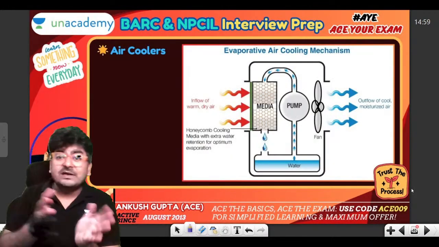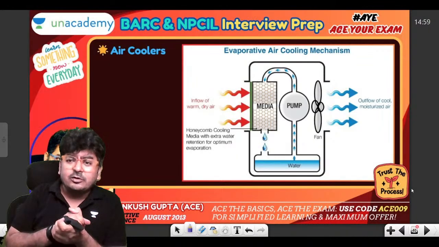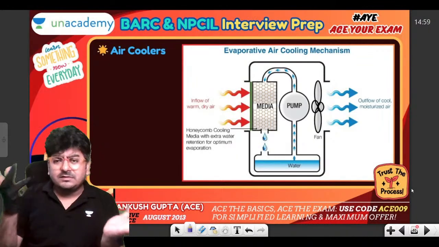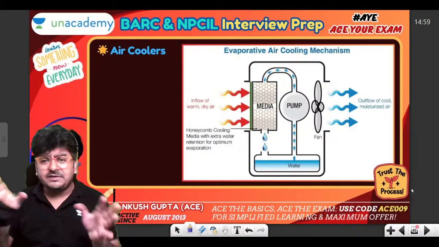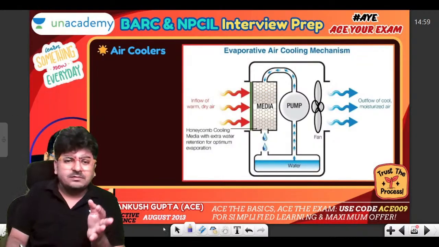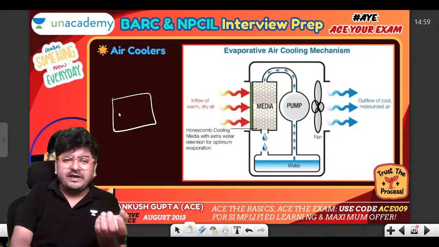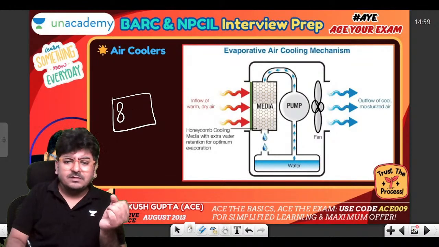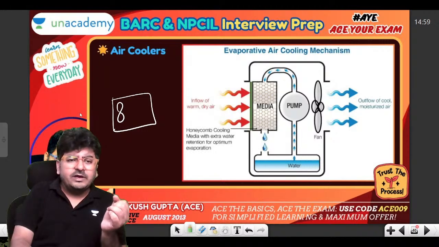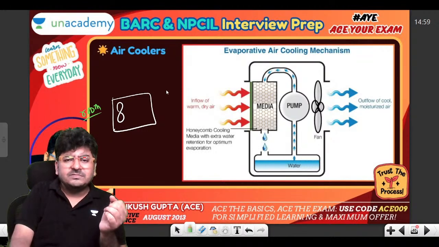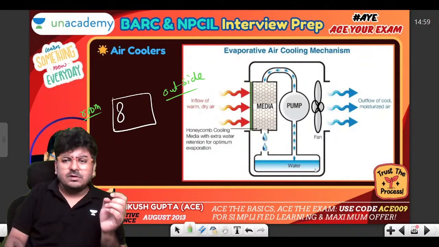Now, since we are talking about air coolers, that's how air coolers work. In your home also, I hope you have seen a structure where at one end we connect the fan. Suppose this is the room, this is outside. Air will enter from here.